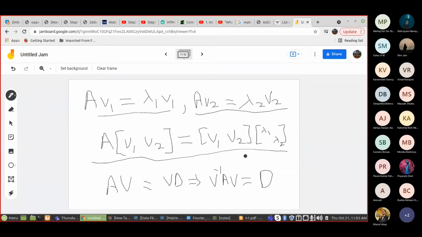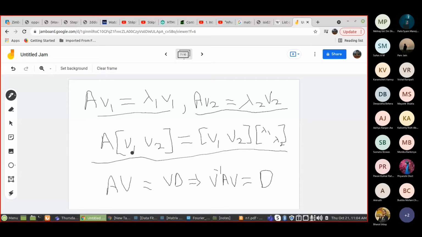We know that A times V1 is lambda 1 V1 and A times V2 is lambda 2 V2. So the A matrix times this n cross 2 matrix gives you this, where this is n cross 2 and this is 2 cross 2. You can check this. I will not show it; it is a simple, straightforward manipulation, just simple matrix algebra.